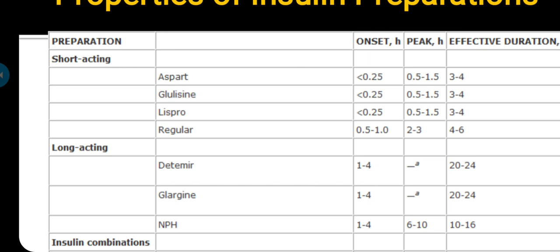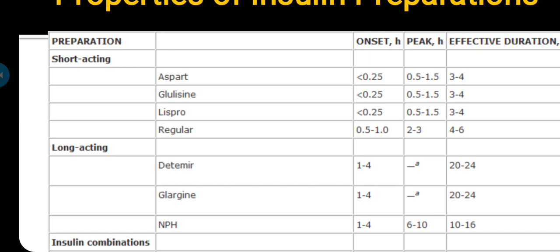Basal insulin is the insulin which is secreted continuously, and that maintains our fasting glucose. So when basal insulin is defective, there is higher fasting blood glucose, and to treat this we have to use long-acting insulin, so that the persistently low insulin secretion can be taken care of. But when there is a defect only in the insulin peaks just after meals, that can be taken care of by giving short-acting insulin.